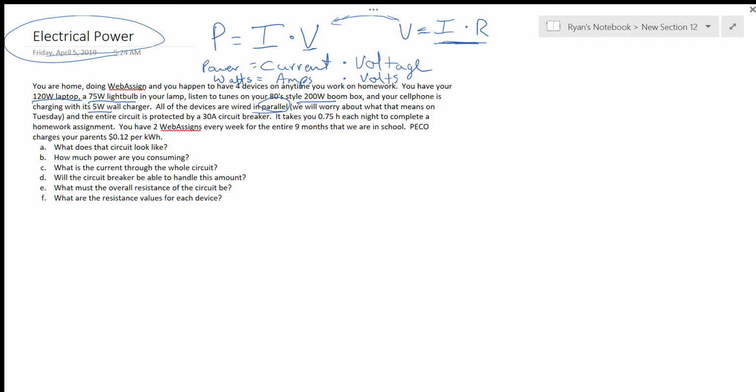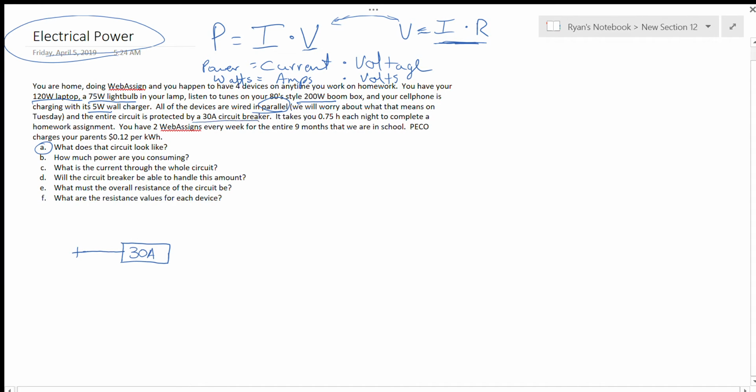All right, so the first thing is, what's the circuit look like? Any circuit has to have a positive and a negative, and you got to make a loop. You have to make a circuit. So coming out from your circuit panel, you have a wire, then you have a circuit breaker. Your circuit breaker, if you read on in the question, it says all of the devices are in parallel, and the entire circuit is protected by a 30 amp circuit breaker.